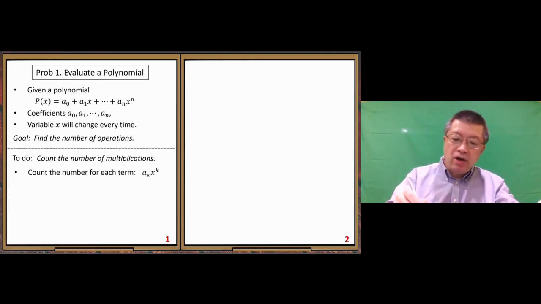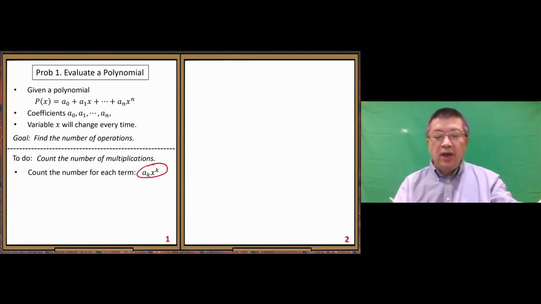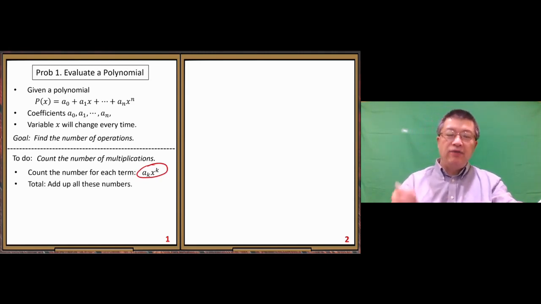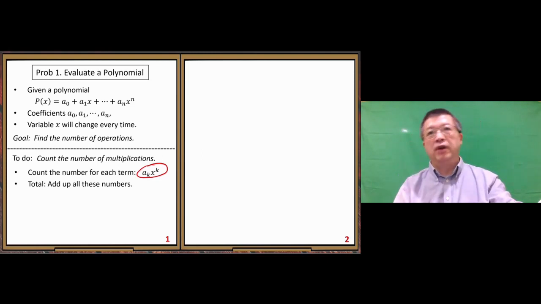For the general term, we represent it as a sub k times x to the kth power. After that, if we can find that number first, to get a total, we add up all those numbers. So the idea is that simple.